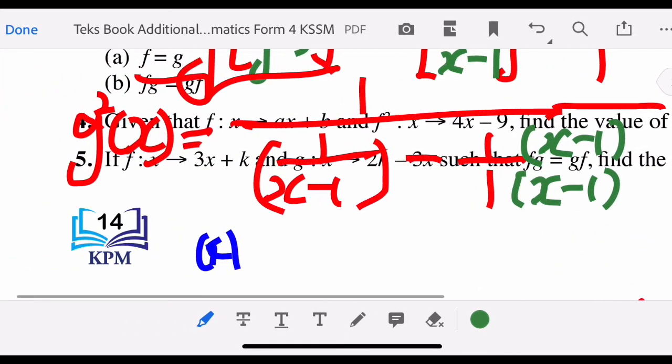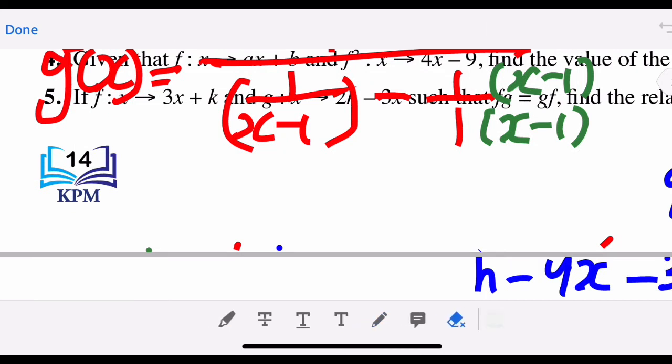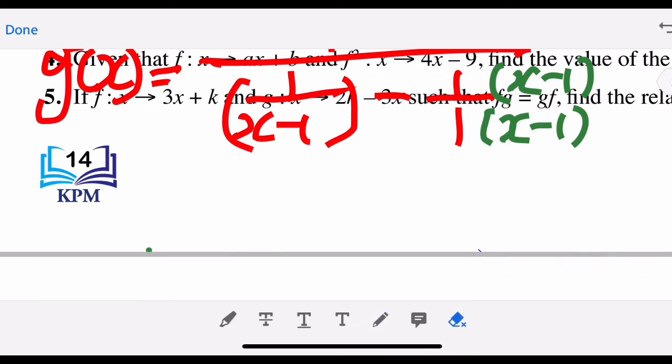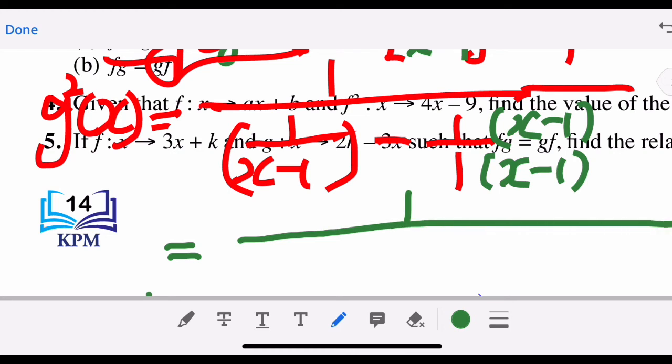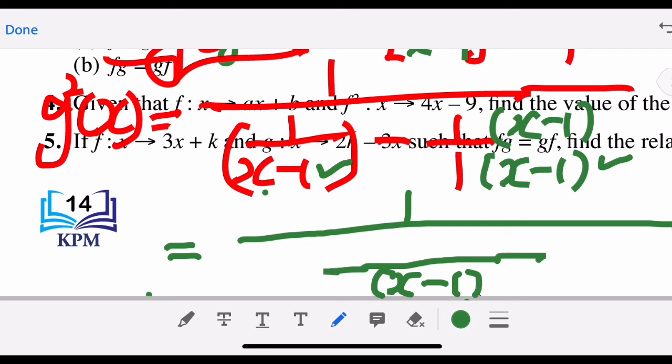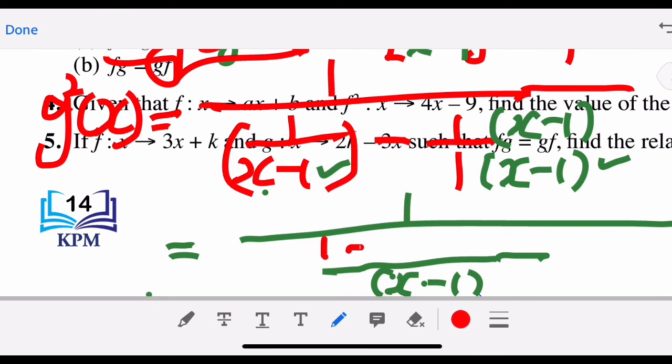Now I'm going to show you how to do it if you have a denominator which is a fraction. Make this one longer. Once both denominators are the same, you can join into one denominator, and the top one you can simplify. Let's simplify together. You have 1, minus, bracket x minus 1, right?